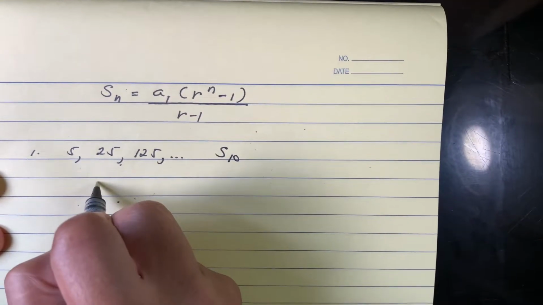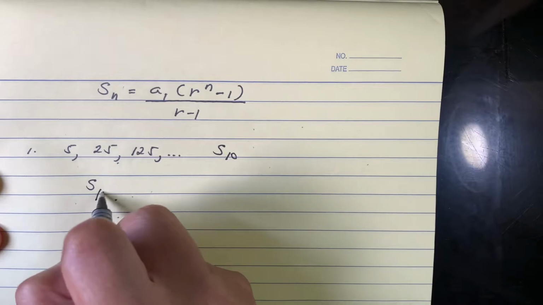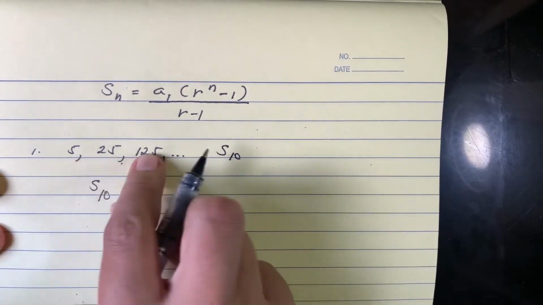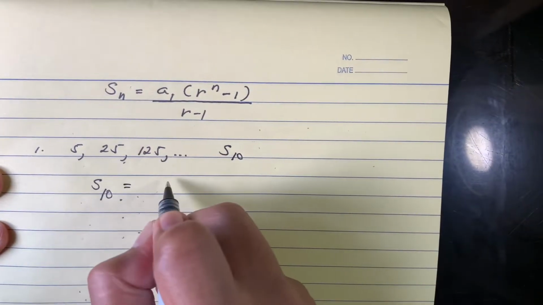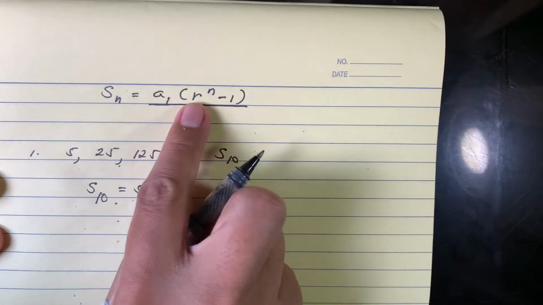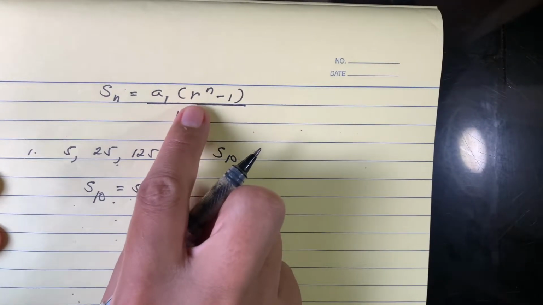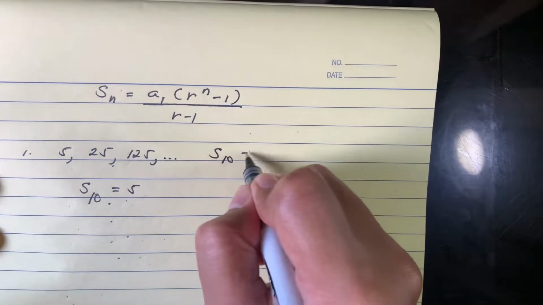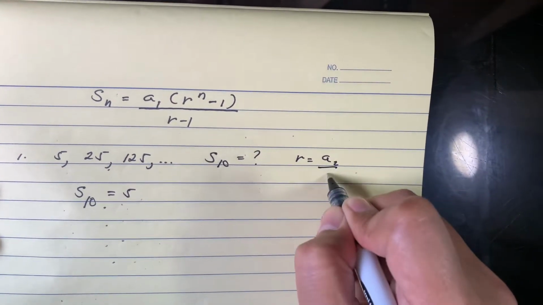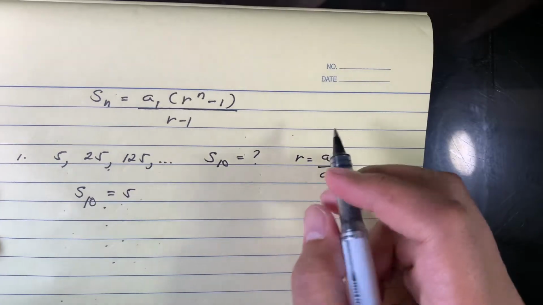So we have the formula S sub 10, of course, because we are going to find out the sum of the first 10 terms of this given geometric sequence, is equal to a sub 1, which is equal to 5. Yet, we are going to look for our common ratio. Again, our common ratio is a sub 2 divided by a sub 1.